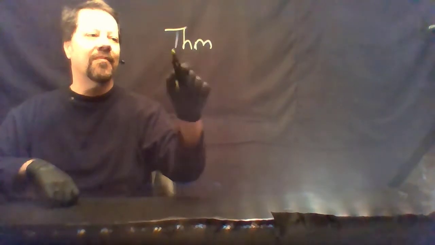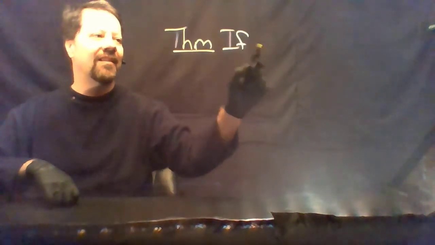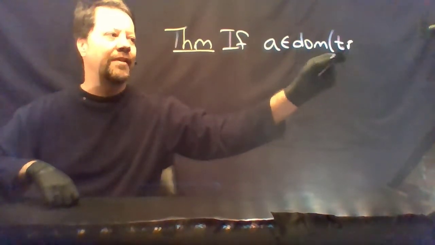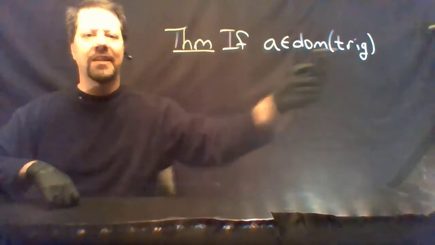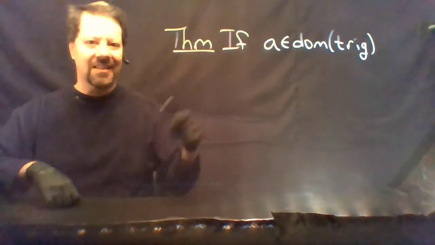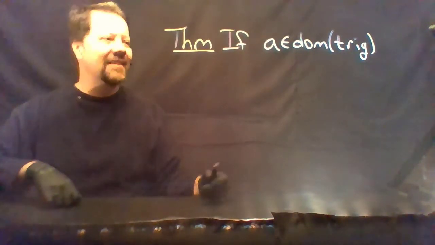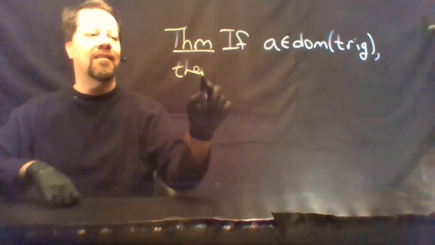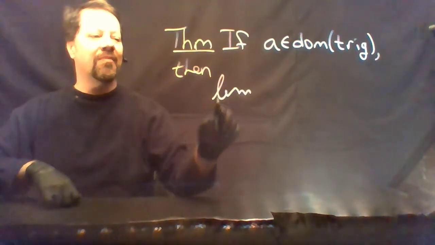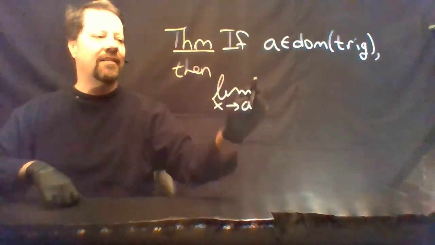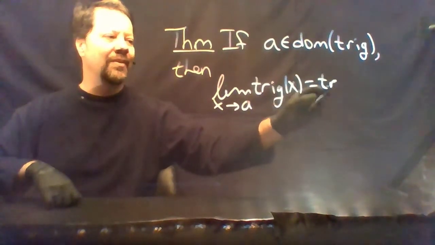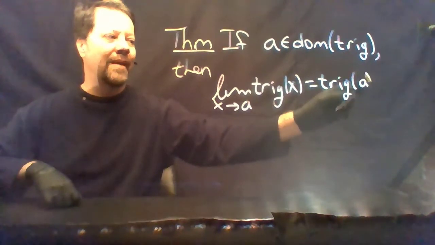The theorem goes like this. If a is in the domain of some trig function, trig might be sine, cosine, tangent, secant, cosecant, cotangent, then the limit as x goes to a of this trig function at x will be equal to the trig function evaluated at a.